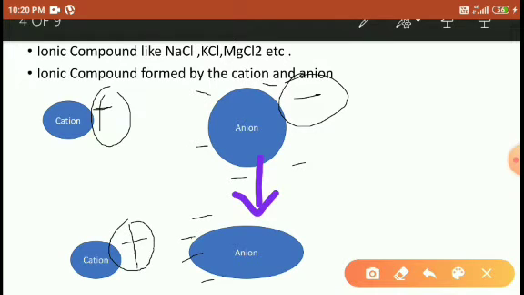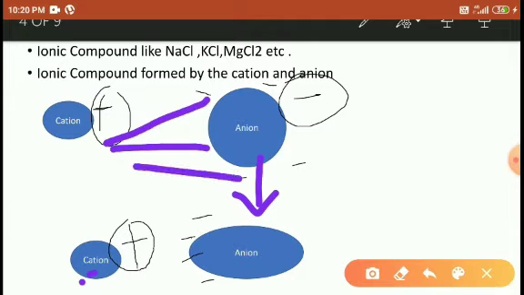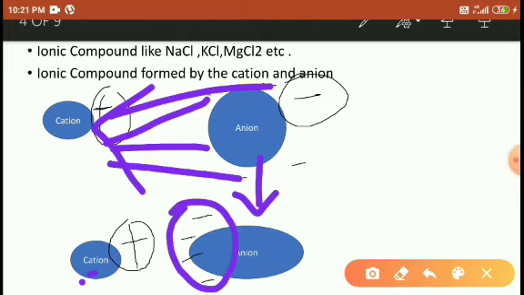Because it is attracted to the cation. When the cation comes close, it strongly pulls all the electrons toward itself, so they change position.